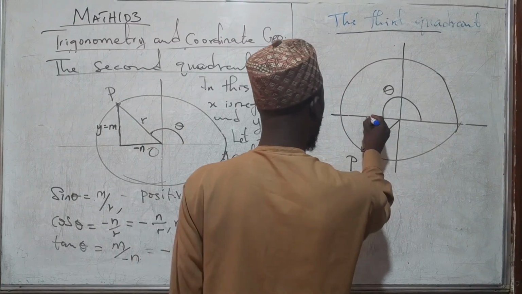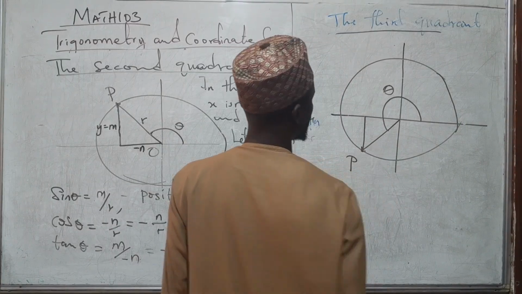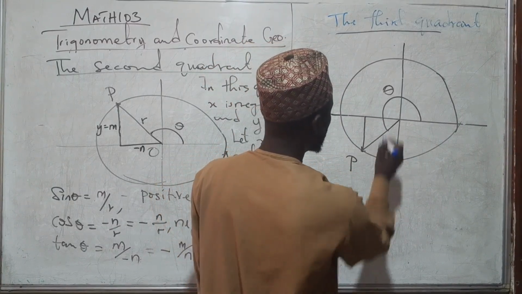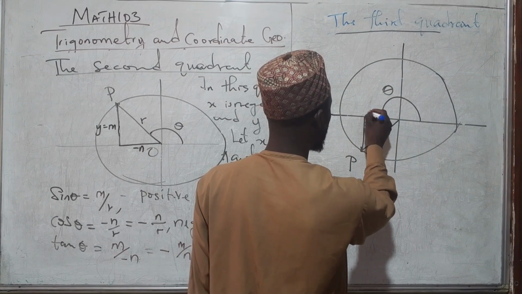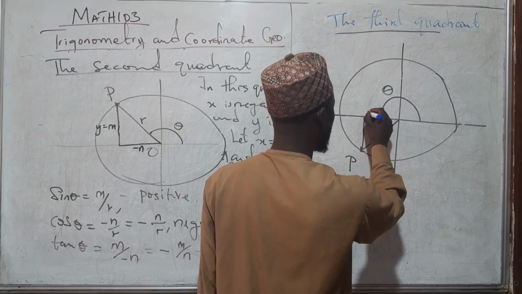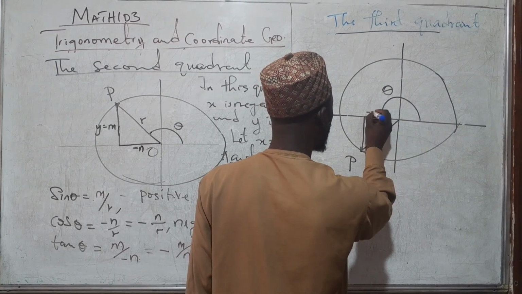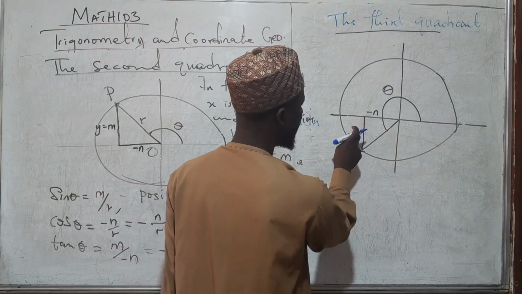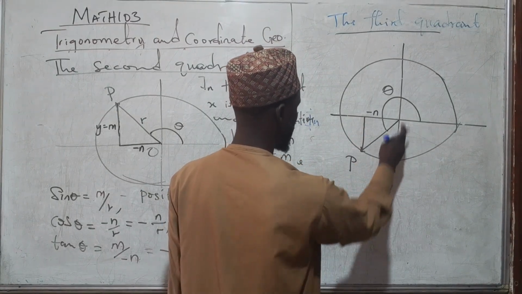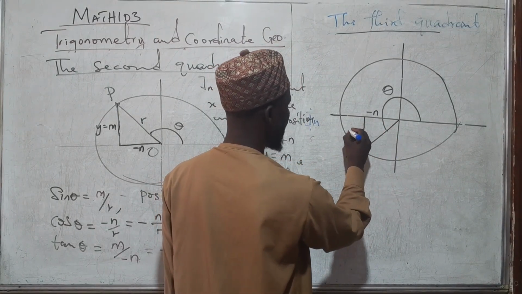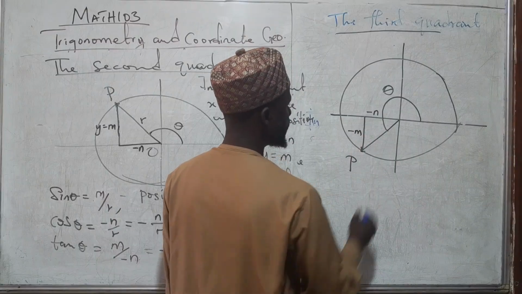But here in the third quadrant, x is negative. So let me take x to be negative, say minus n, and y is also negative, so I have minus m, and this is r.